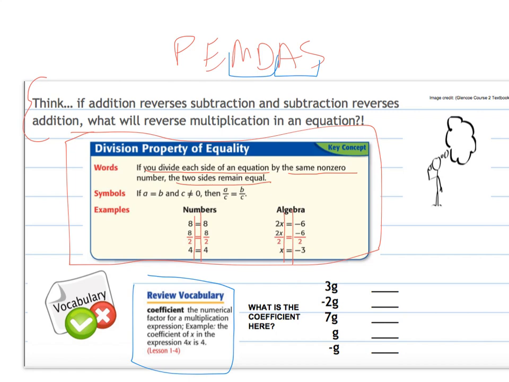For example, what is the coefficient in each of these expressions here? 3 in this first one. -2 is the number in front there. 7. And then here, notice we have a single g, so it's really like there's a 1 there. That's your coefficient. And then a negative sign means that there's a -1 there.